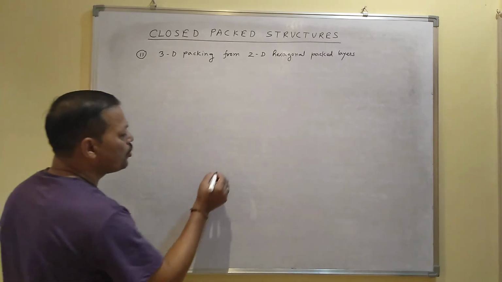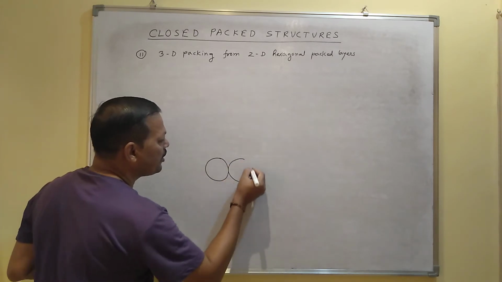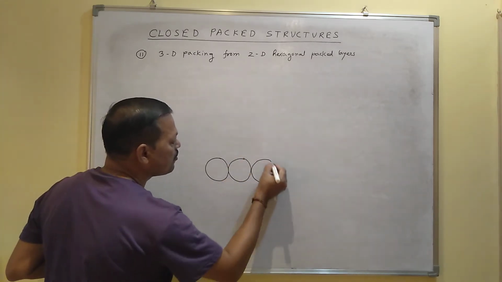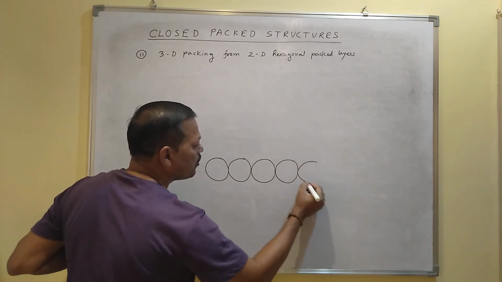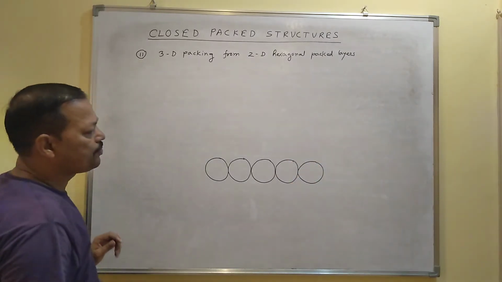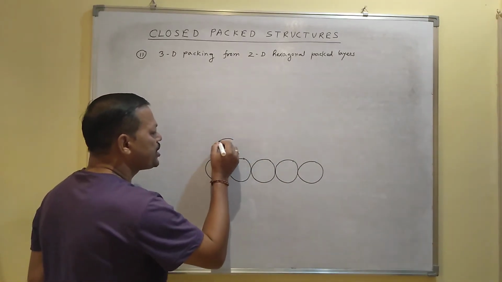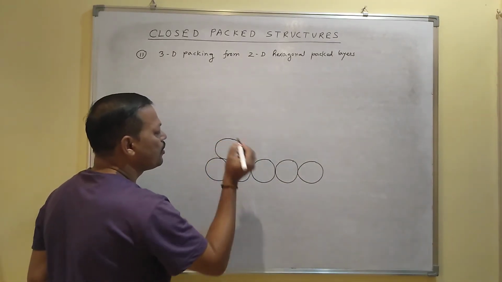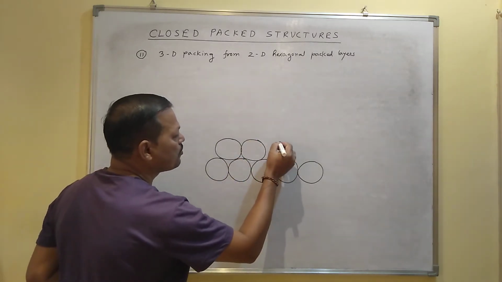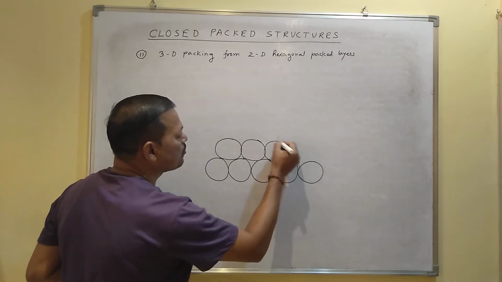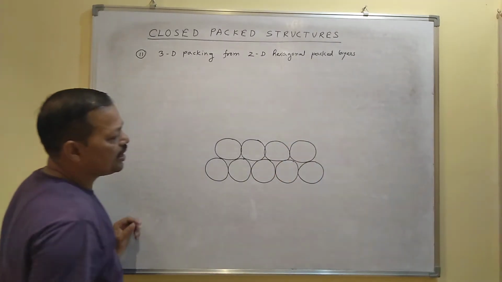You know, when the particles are arranged like this, these are the particles. If the second layer is placed in the depression of the first layer like this, this is another layer.